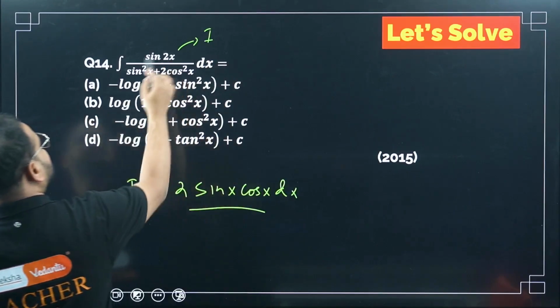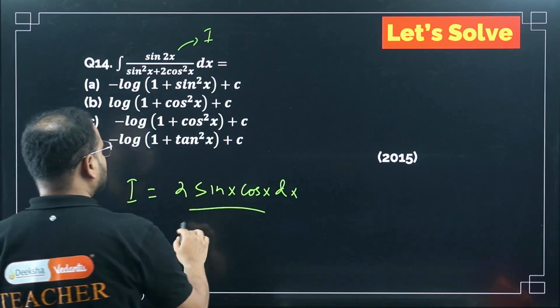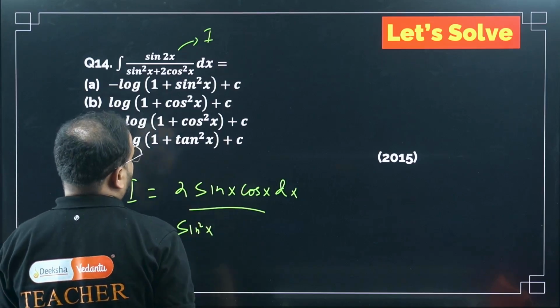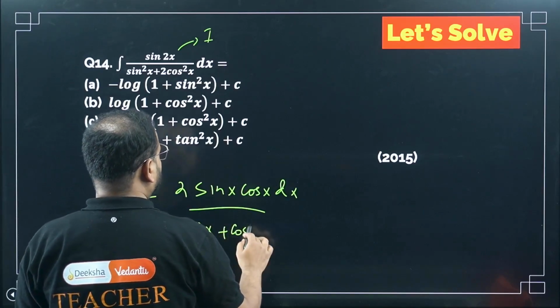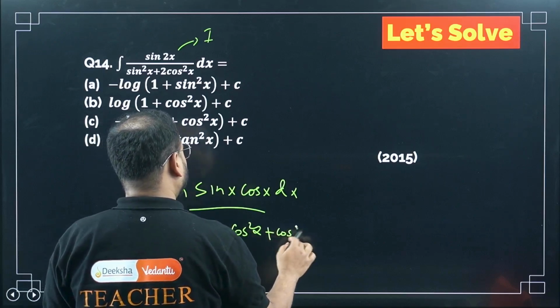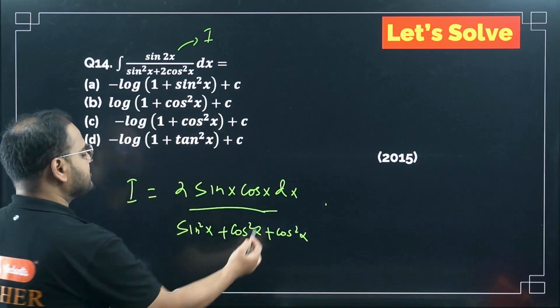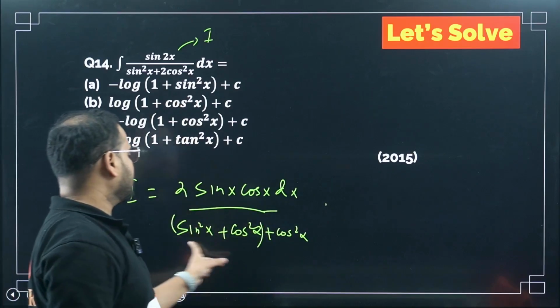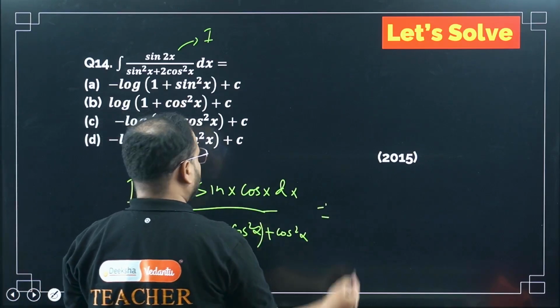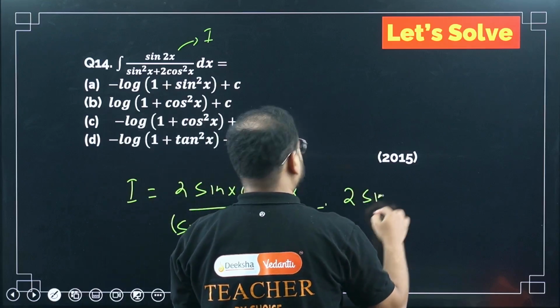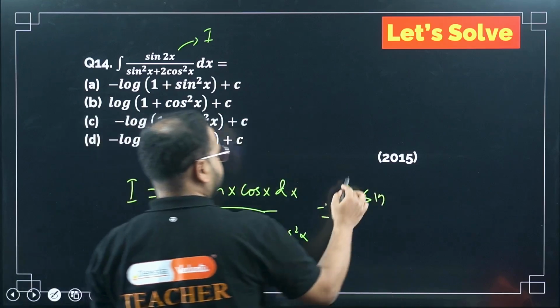I use the formula for sin 2x, 2 sin x cos x. And what about this? Write this as sin square x plus cos square x plus cos square x. Simply, I have 2 cos square x. I'm writing this by expansion. This will become 1 plus cos square x. So this will become 2 sin x. This is the integration over here.